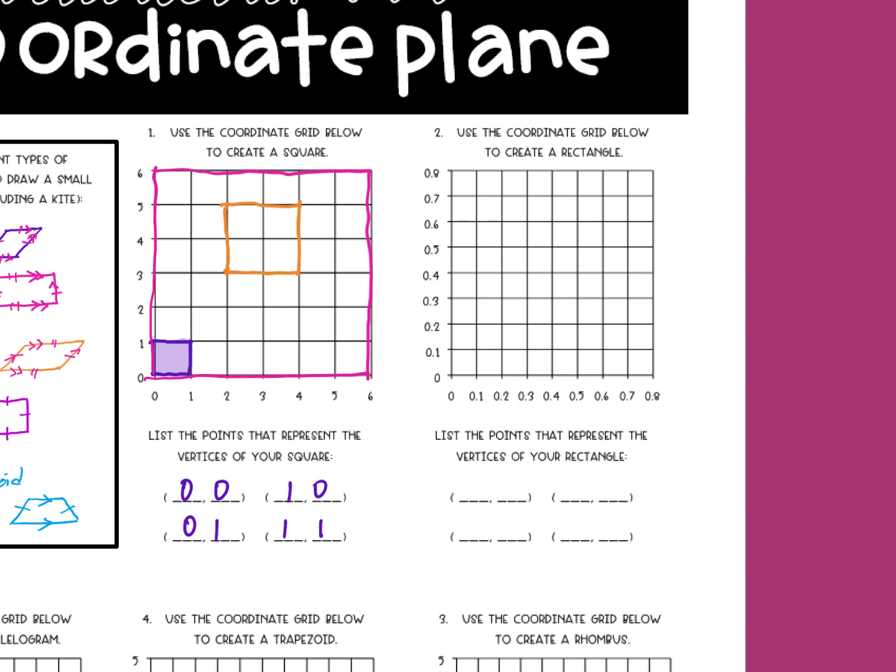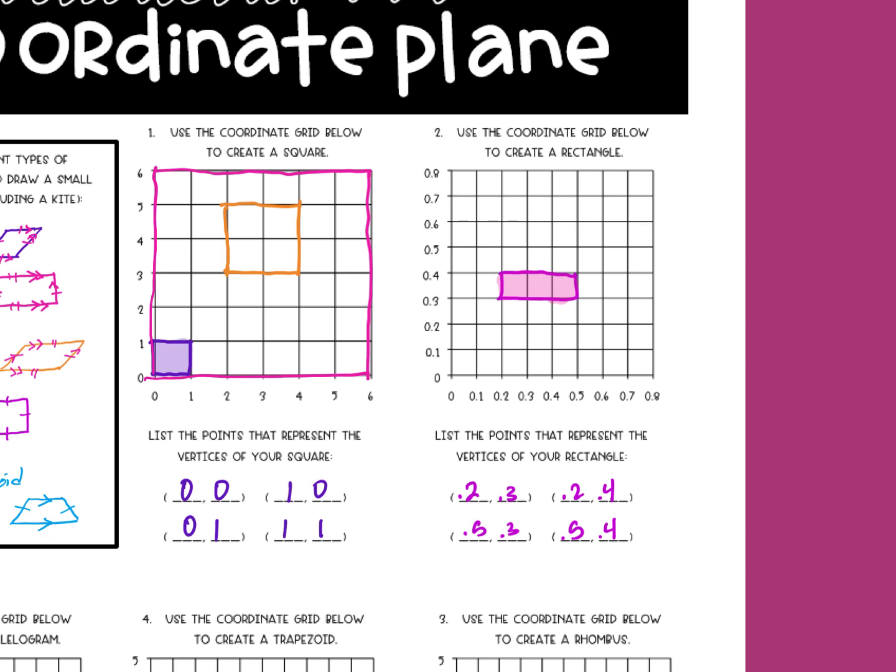I'm going to use, let's see, (0.2, 3), (0.2, 0.4), (0.5, 0.3). There's my rectangle. Whew. Okay.